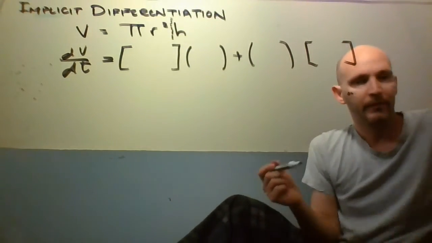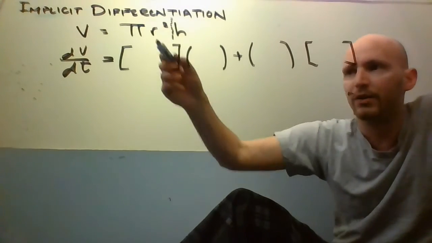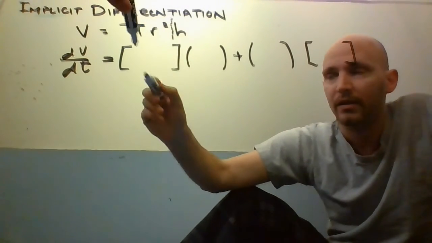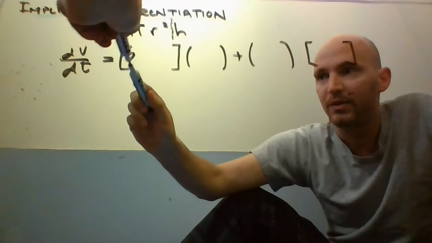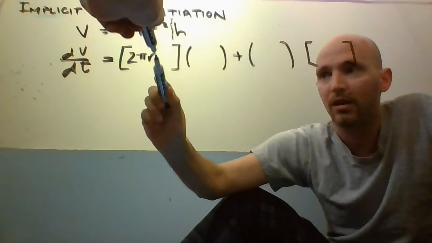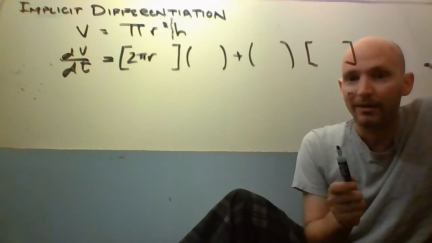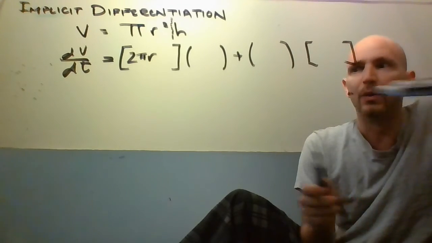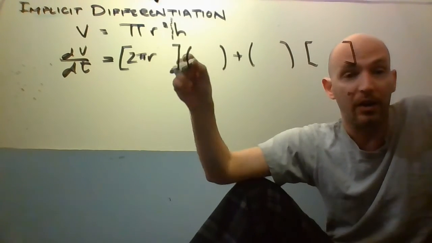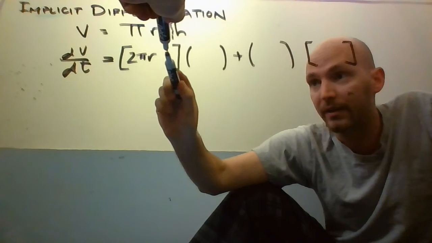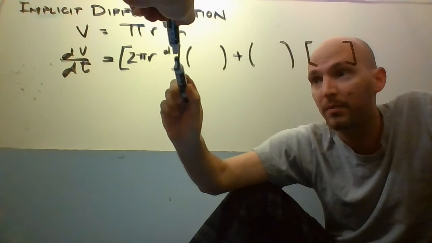Okay. So the derivative of pi r squared would be 2 pi r. But r is not t. So in order to take the derivative of that r, I need the correction factor. So I'm just going to park her in there.